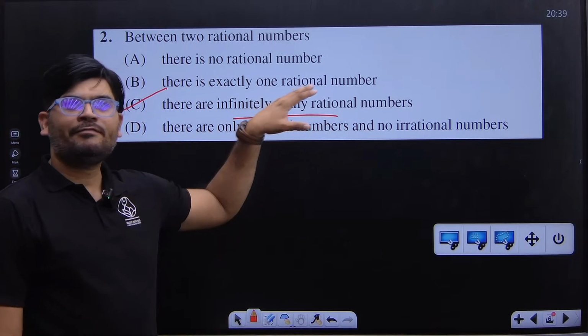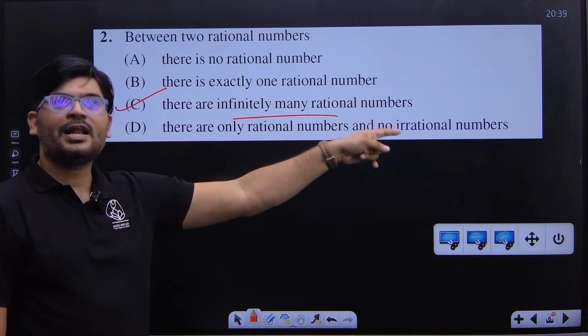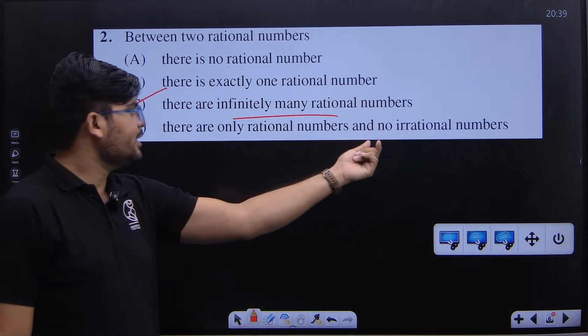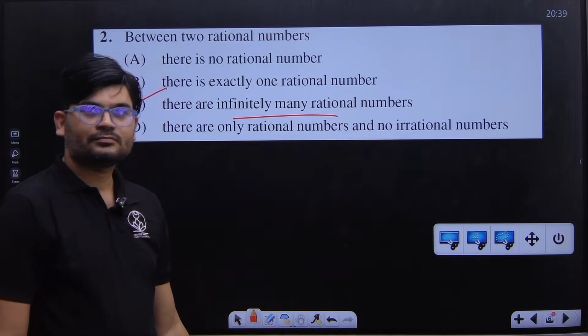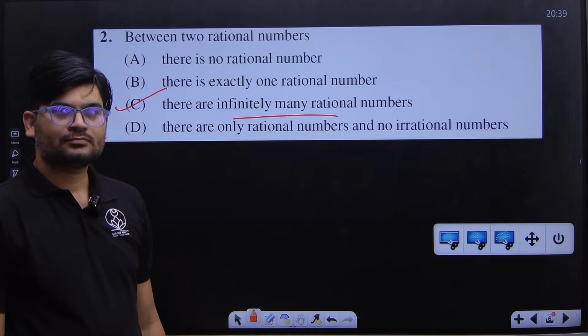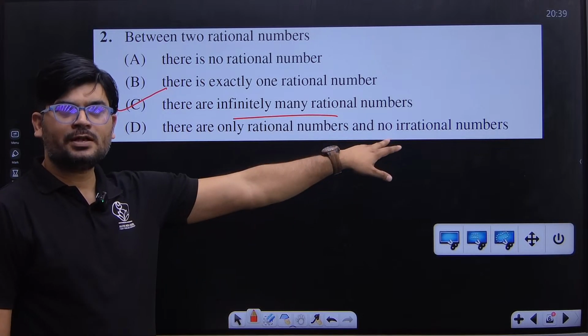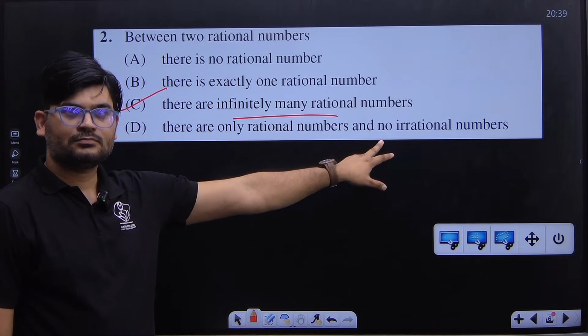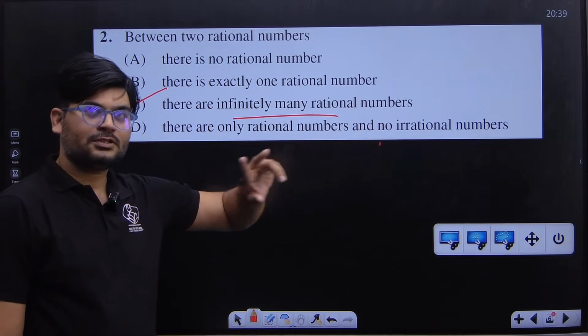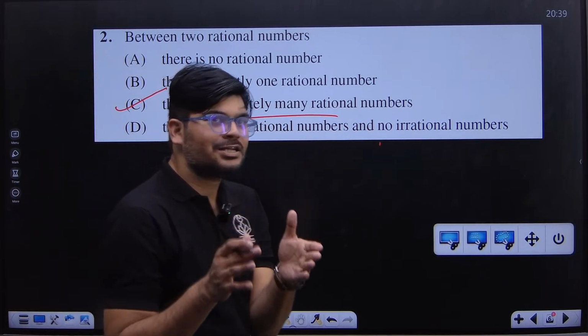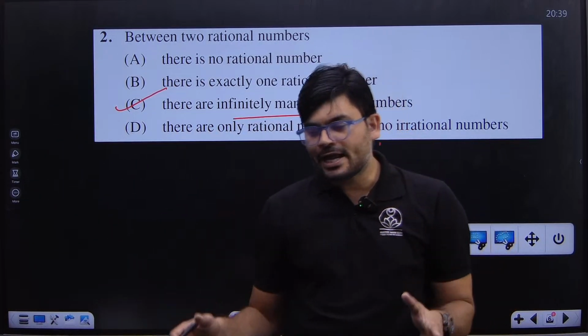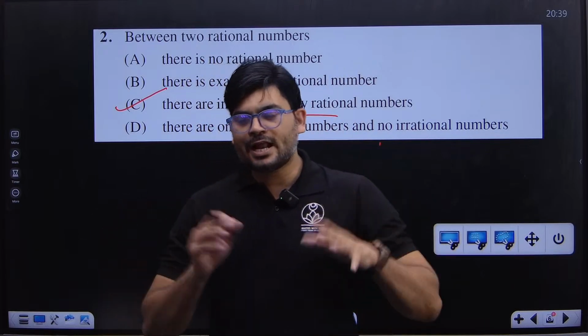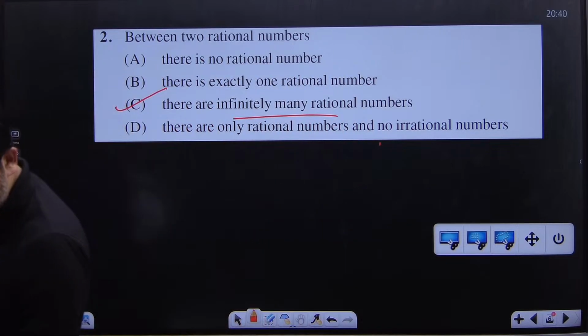There are infinitely many rational numbers and there are irrational numbers as well. Having an irrational number between them is also possible. Between two rational numbers, there are infinite rational numbers and infinite irrational numbers as well.